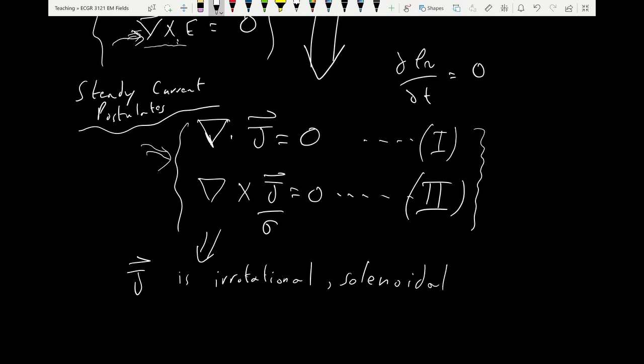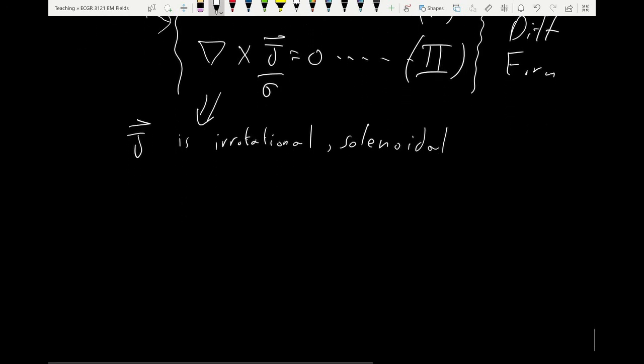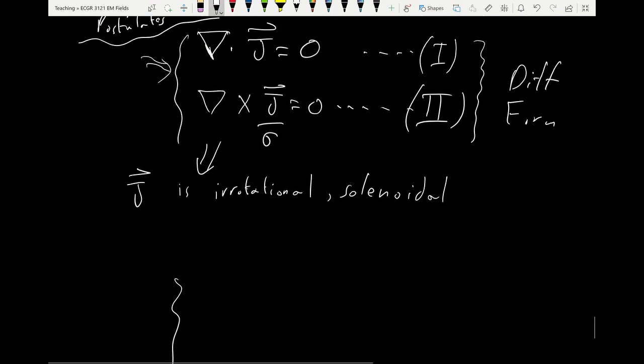As in any vector differential equation, there's always going to be an integral form. This is the differential form, and there is also the integral form, which I'm going to write down. For the divergence of J equals 0, the integral form is the closed surface integral of J dot dS equals 0.